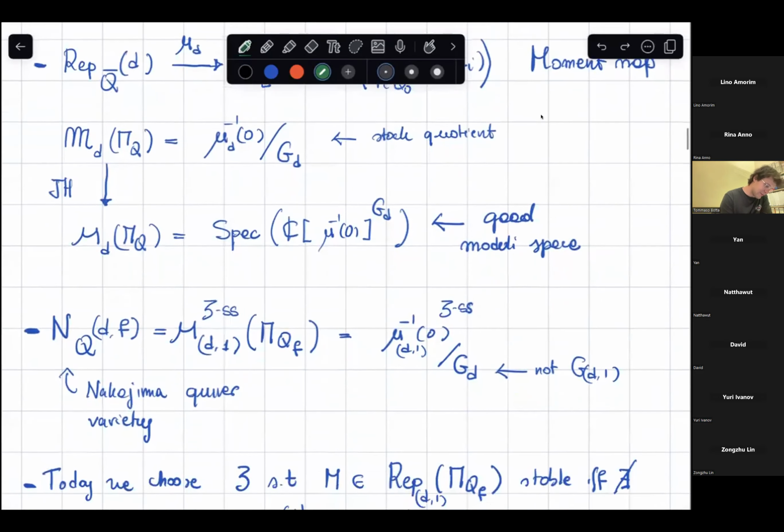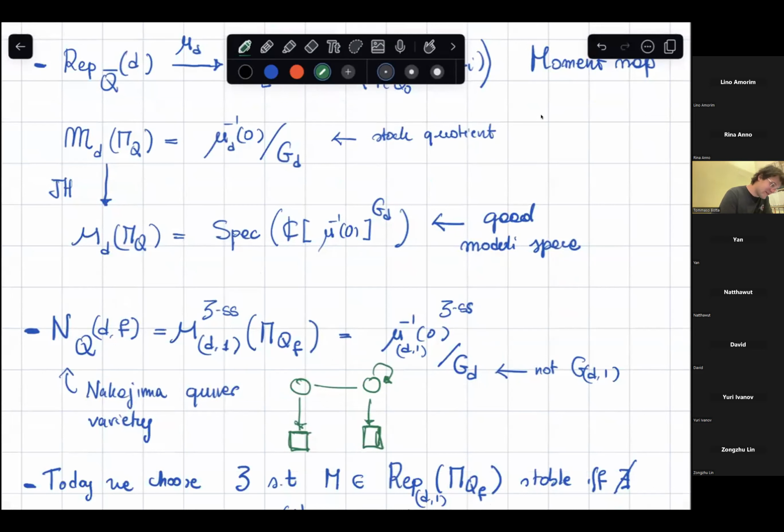So what I mean is that I will always think of my Nakajima variety in this way. Usually, at least in my experience, Nakajima varieties are thought of as coming from framing some quiver. So this might be the original quiver. We frame it: we add a copy of a vertex for any original vertex, and we add some maps connecting the original vertices to the new ones.